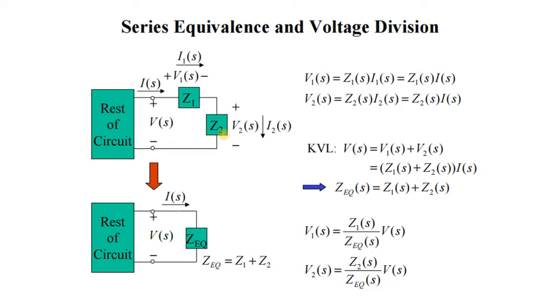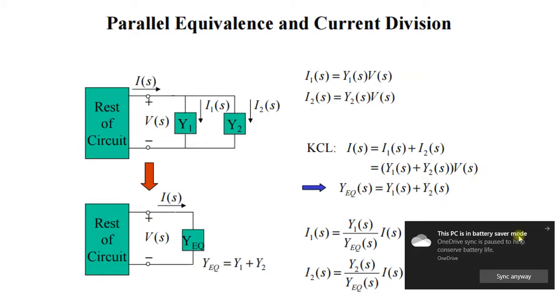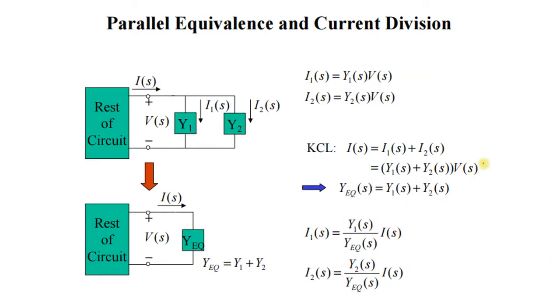Similarly, if the current division technique is present, where we used the current division technique, here also we use the same formula, and you should find the value of I1 of s and I2 of s.